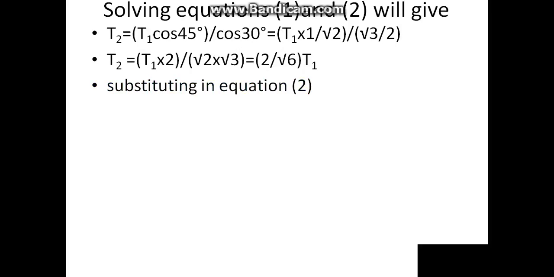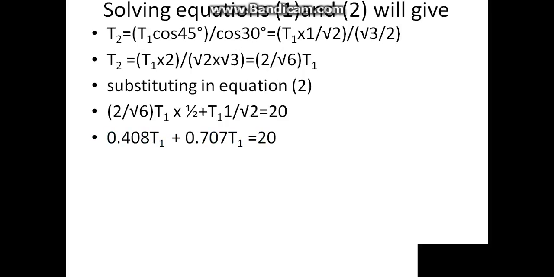Substituting in equation 2, we have that, in bracket, T1 over square root of 6 times half, plus T1 half times 1 over square root of 2 is equal to 20. 0.408 T1 plus 0.707 T1 is now equal to 20. 1.115 T1 is equal to 20.